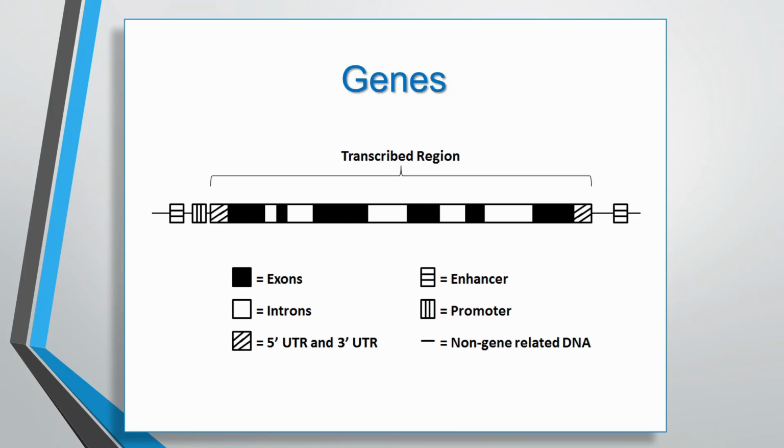The untranslated region found upstream of the transcribed region is called the 5' untranslated region, or 5' UTR, while the untranslated region found downstream of the transcribed region is called the 3' untranslated region, or 3' UTR.